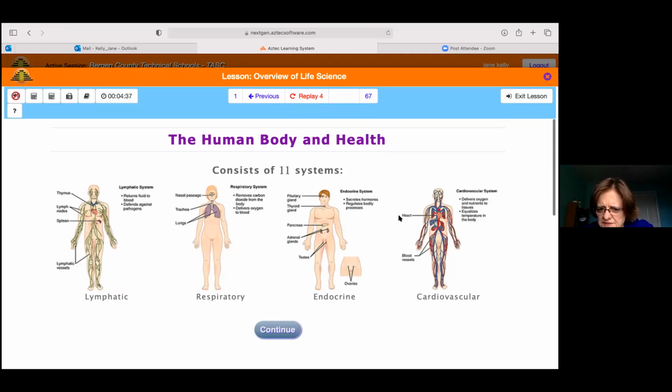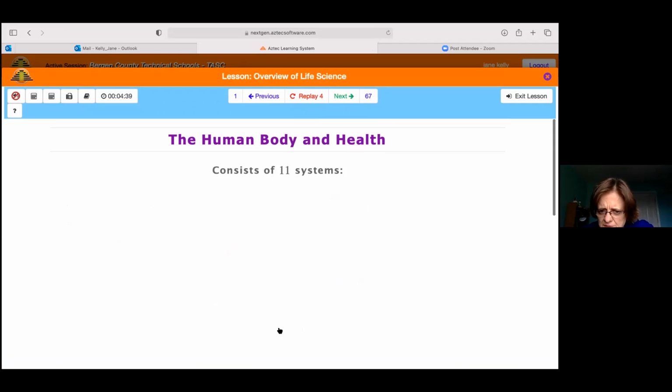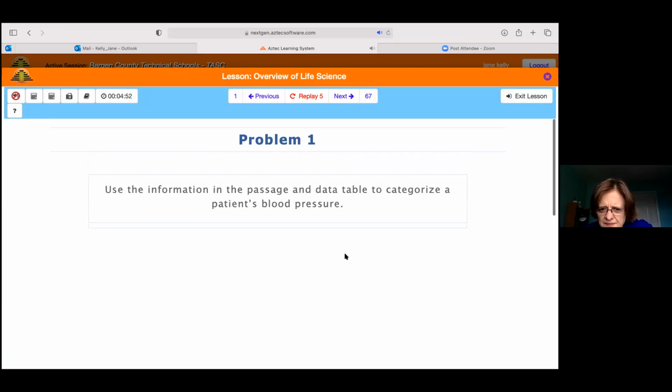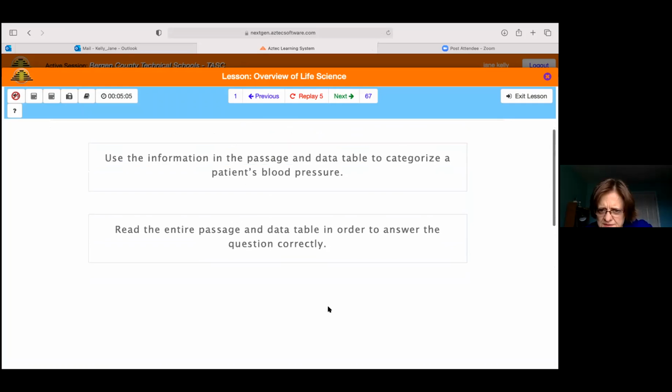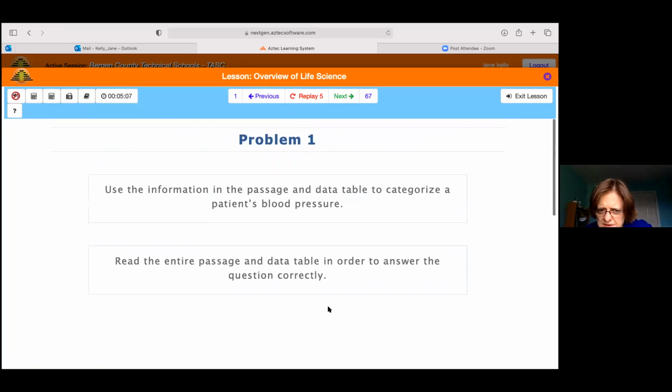Okay, so I think I'm going to jump out of science. We definitely got our body systems. I knew they were coming. And then it didn't ask us any questions about that. I think it's going to give us just the practice in reading a table.